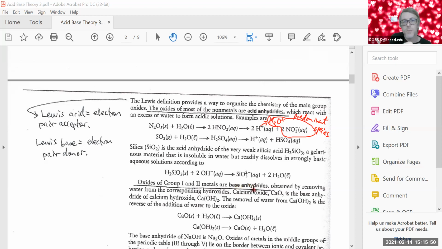So anhydrides means they don't have water, but when you put them in water, they produce a base. So for example, calcium oxide, which is a group 2 metal oxide, when you add water to it, you form calcium hydroxide, which has a low solubility, but it would be a source of hydroxide if it dissolved.